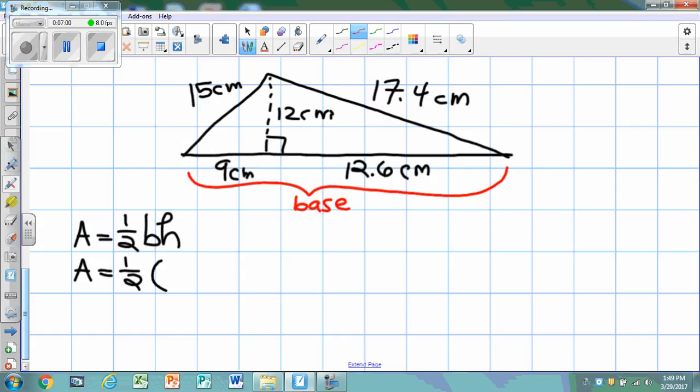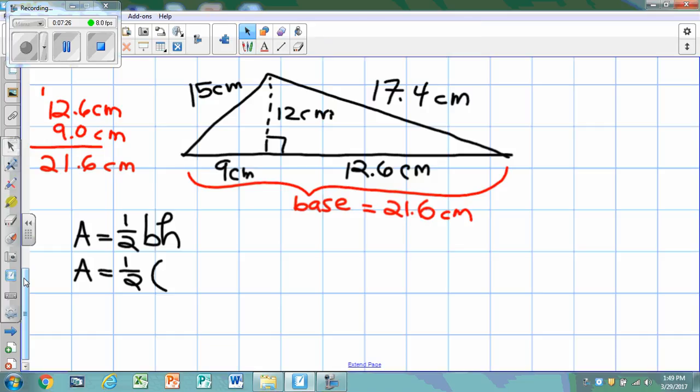Is that right? Okay, so when we added 12 and 6/10 centimeters plus 9 centimeters, we get 21 and 6/10 centimeters. Are we all okay with that? So base equals 21 and 6/10 centimeters.